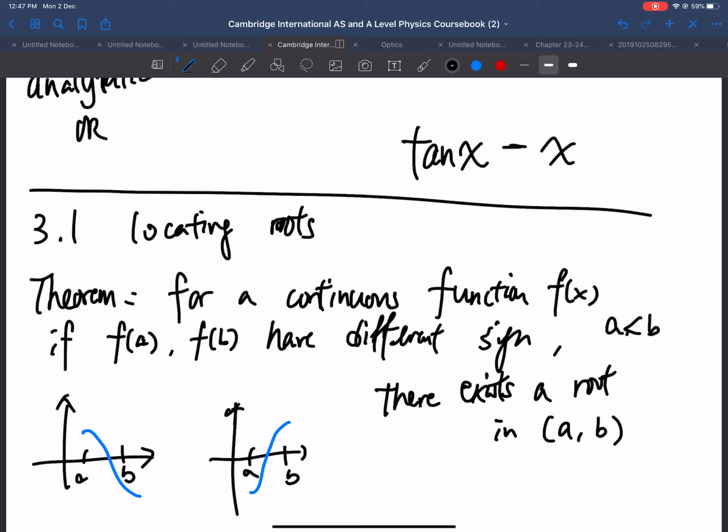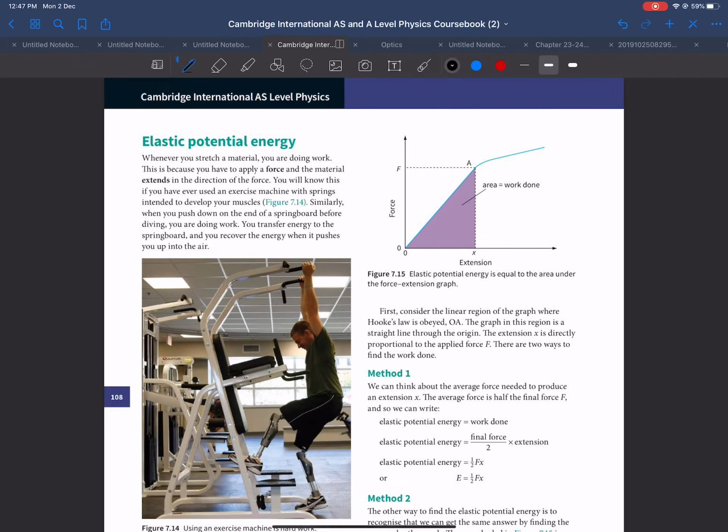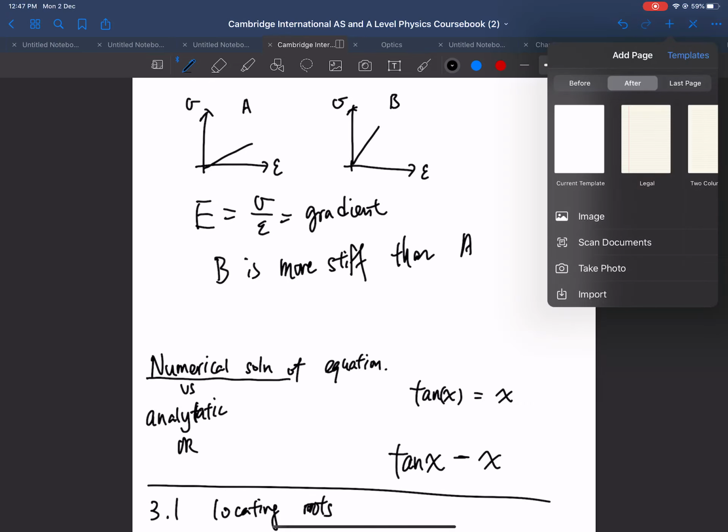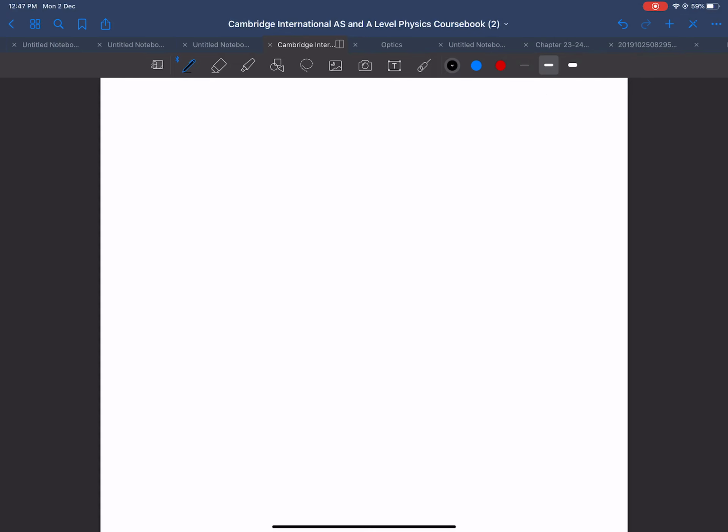If we draw the graph very clearly, it's quite obvious. The condition of being continuous is a must here. If it is discontinuous, there may not be a root. Just like tangent x.